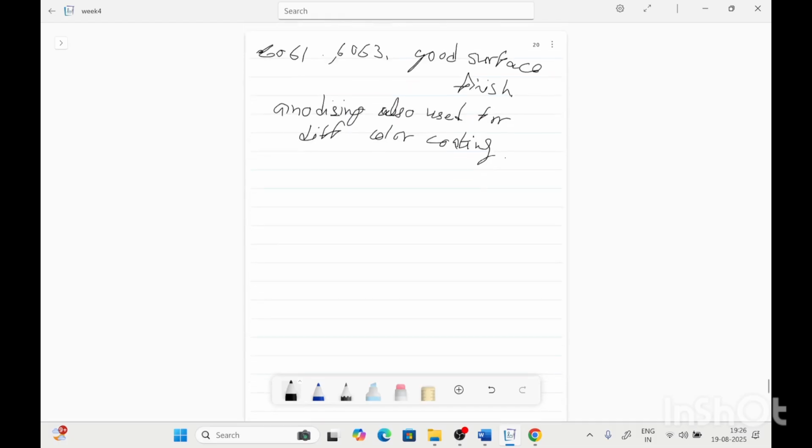Next, heat treatable alloy are the 7X series alloy, aluminum zinc. So aluminum, zinc, and magnesium is also present in some amount in this alloy. So the zinc and magnesium ratio in the 7000 series alloy is 5:2.